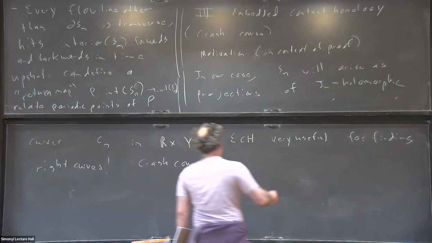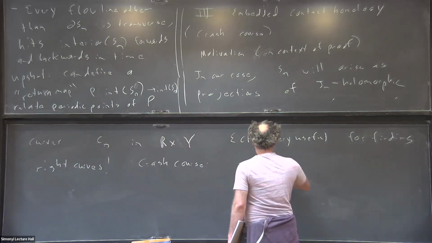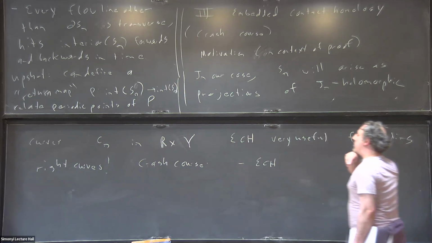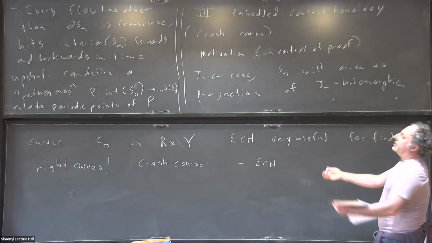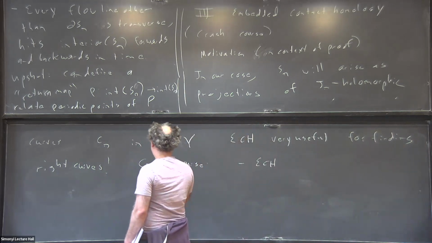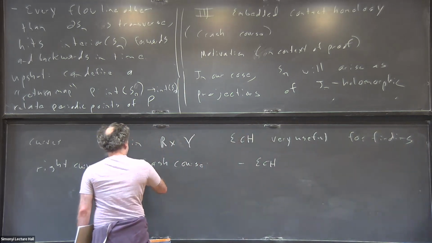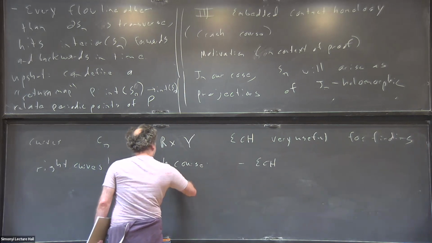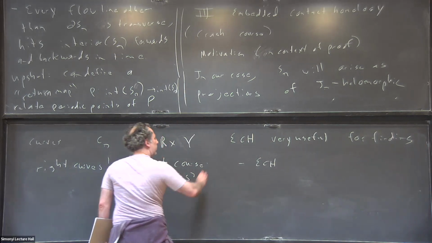So this ECH, let's just do it in the case of S^3, which anyway suffices for the HWZ conjecture. So let's say in the case Y equals S^3 for simplicity.